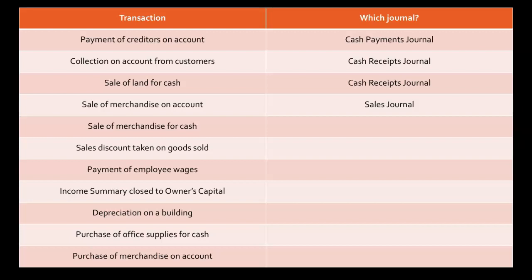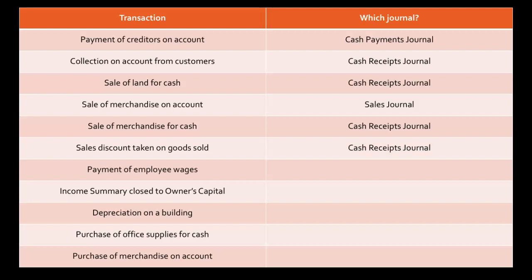Then sale of merchandise for cash. So the big difference here compared to the last one is that this isn't on account anymore. So if it's not on account, it can't be the sales journal. Instead, we are receiving cash, and so this will go into the cash receipts journal. Now, sales discount taken on goods sold. This one's a little bit tricky. So all of the other ones might have seemed a little bit upfront.